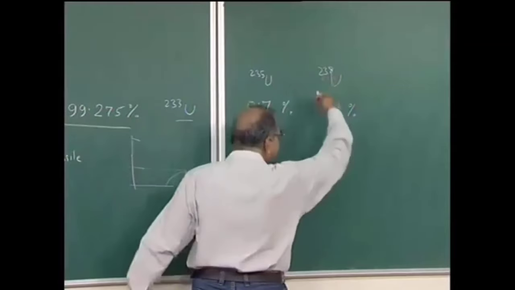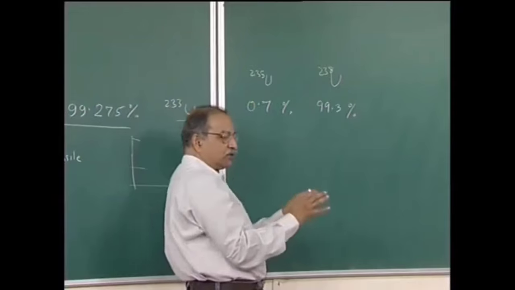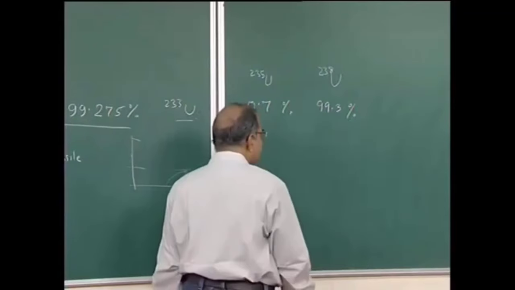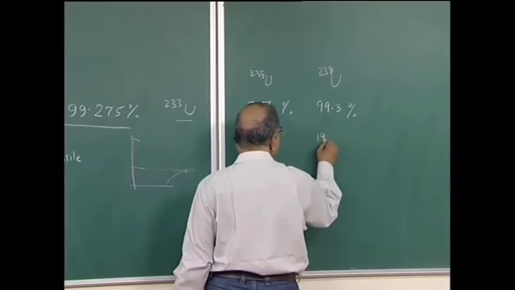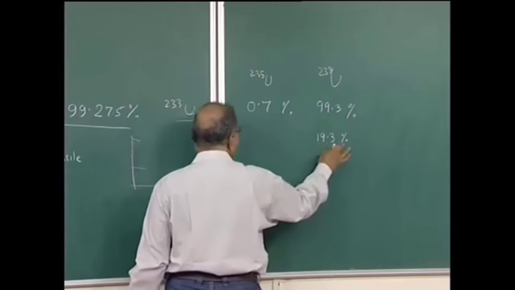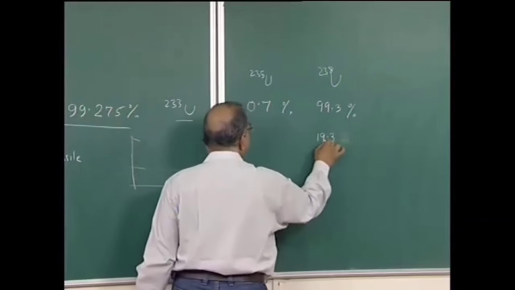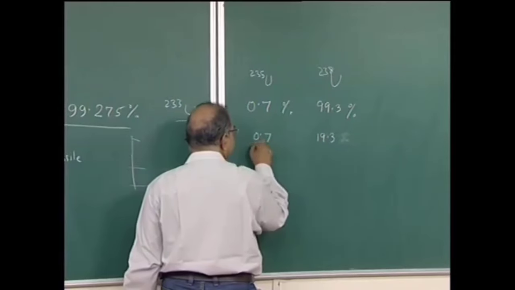So, if you remove 80% of it, so you start with say 100 units and you remove 80 units of uranium 238, then what you get here is 19.3 units left, and here it will be 0.7 units.